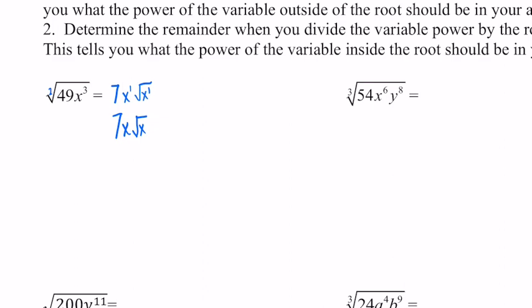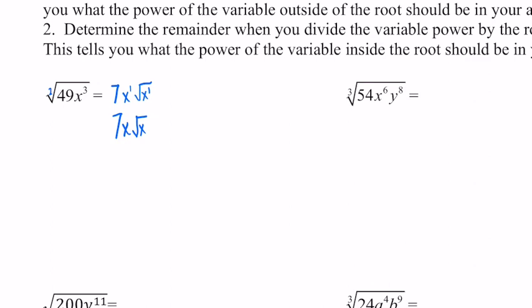If we look at a problem like the next one, the cube root of 54x to the 6th, y to the 8th. Let's think of the number part, the x part, and the y part separately, and then we'll put the answers together at the end.